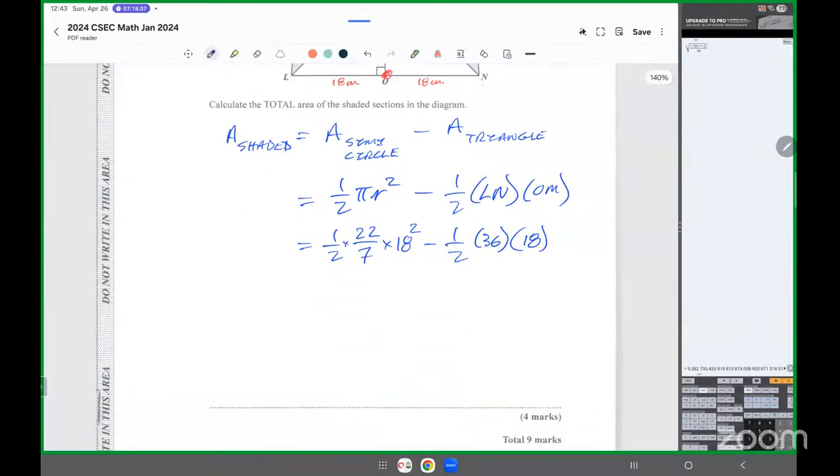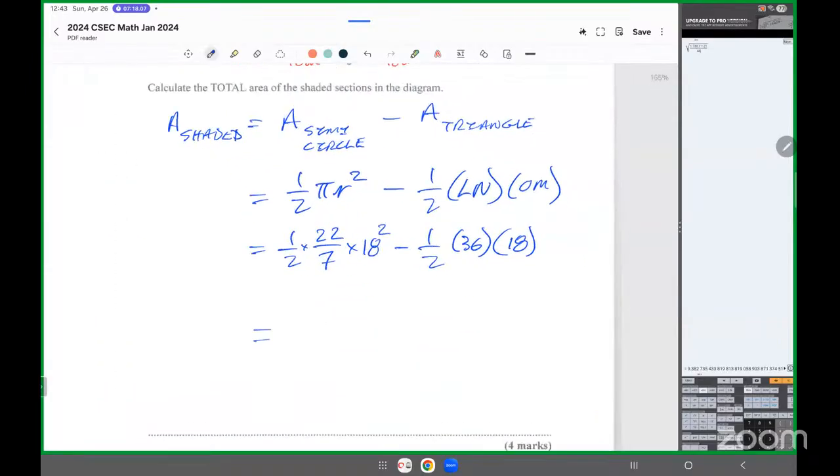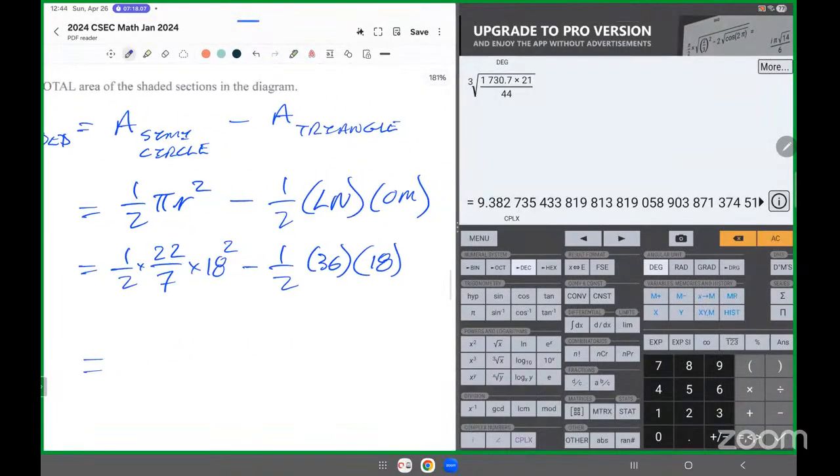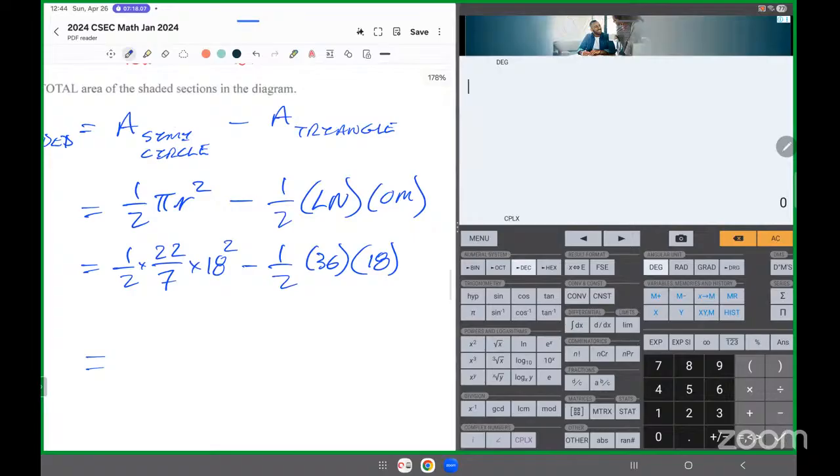Put all this in the calculator and we'll get the answer. We have to work it out part by part. So it's a half times 22 over 7 times 18 squared, minus half again times the base of 36 times the height of 18.